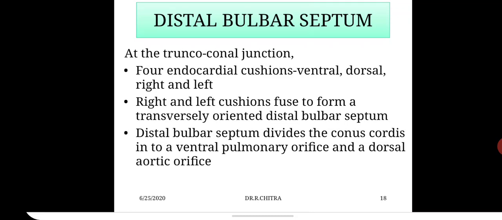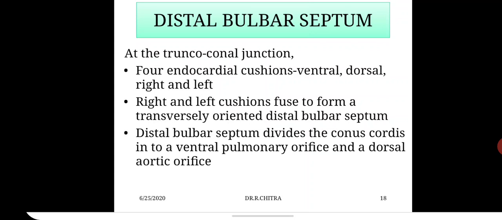This distal bulbar septum divides the conus cordis into a ventral pulmonary orifice and a dorsal aortic orifice. When they fuse like this, each orifice will be provided with three cusps, which will be converted into the semilunar pulmonary and aortic valves.